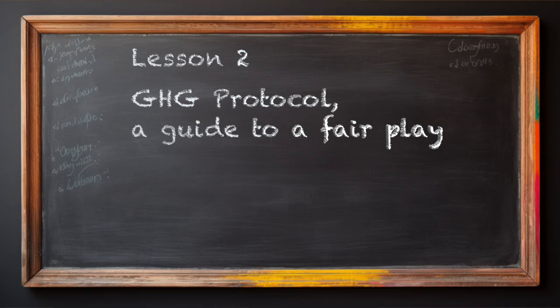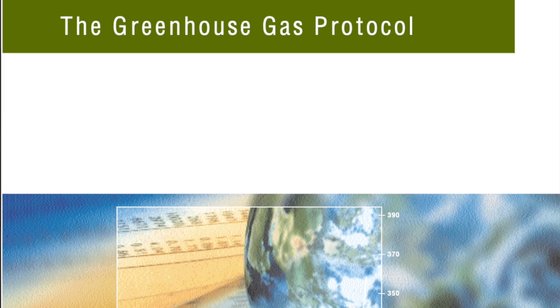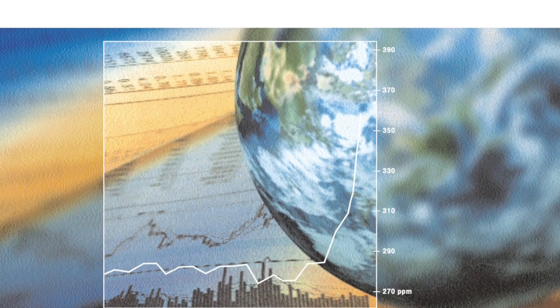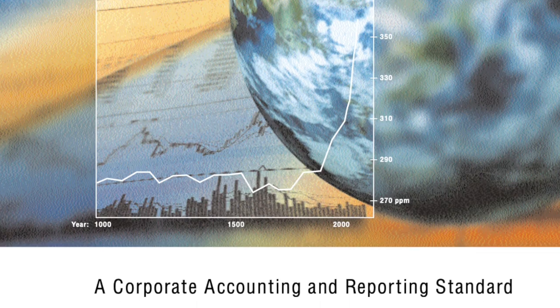Lesson 2 is understanding the GHG protocol. We will explore the globally recognized framework for categorizing and measuring emissions, ensuring consistency and comparability. In short, if we do this, then let's be accurate.